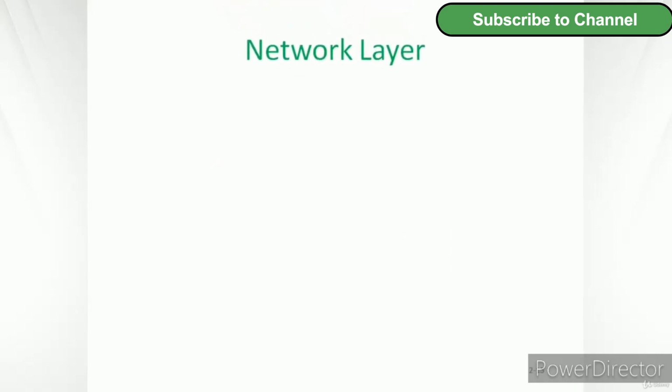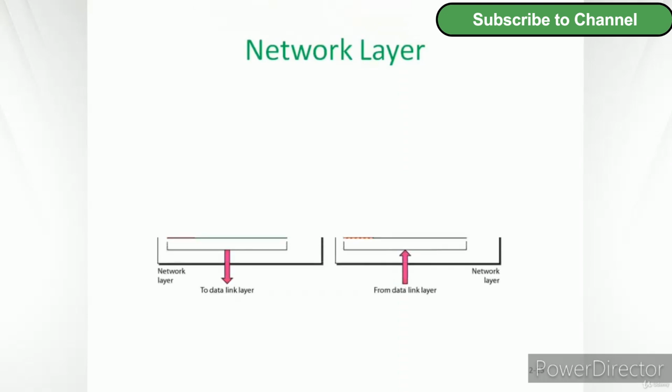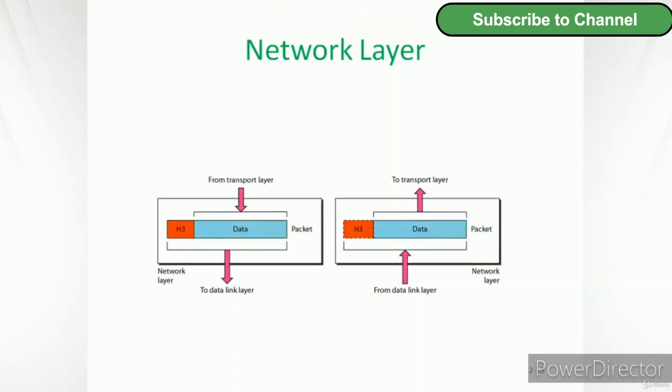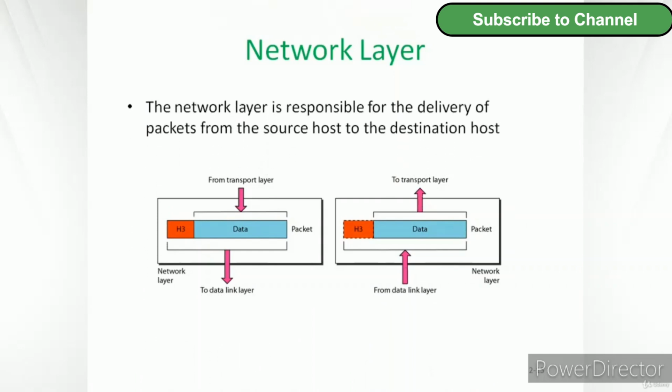Then the next layer we have to study is the network layer. You can see here the network layer. The data flows from the transport layer and is given to the data link layer, and again at the receiving side from the data link layer to the transport layer. So the network layer is responsible for delivery of packets from the source host to the destination host.